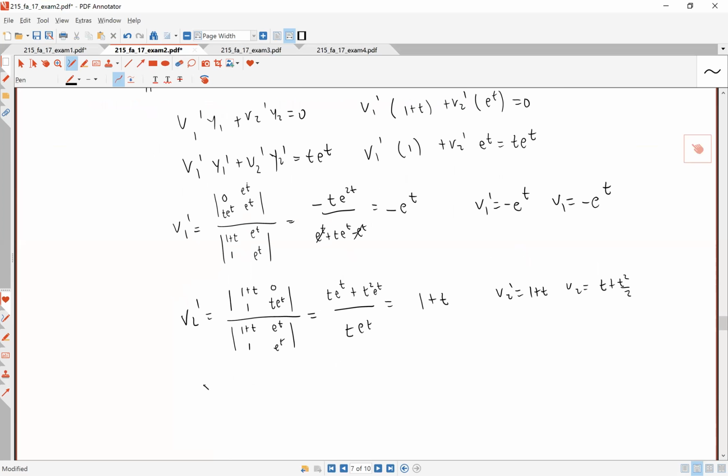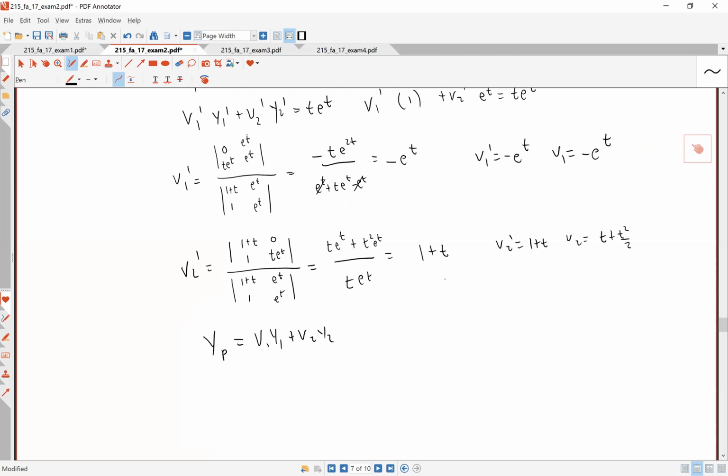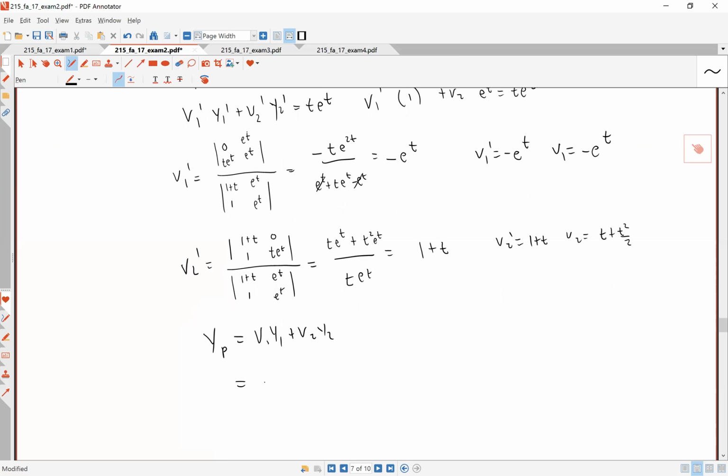All right, when it asks for just the particular solution, y particular is v1 y1 plus v2 y2. V1 is negative e to the t times y1, which is 1 plus t.